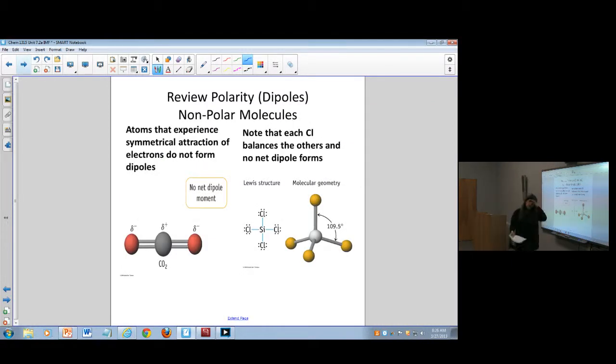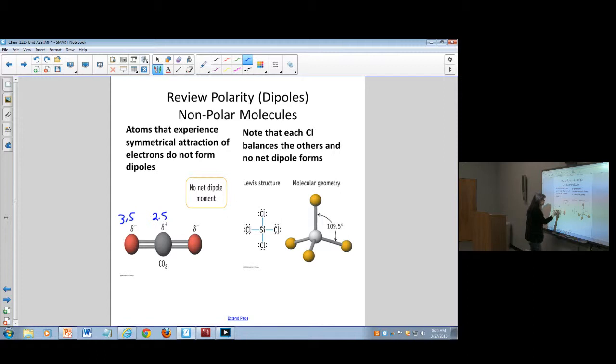All right, so let's go back and analyze how we decided whether a molecule was polar or nonpolar. Remember, you can have polar bonds and still have a nonpolar molecule. So, for example, carbon, I think, is 2.5, and oxygen, I think that's a 3.5 on the electronegativity.